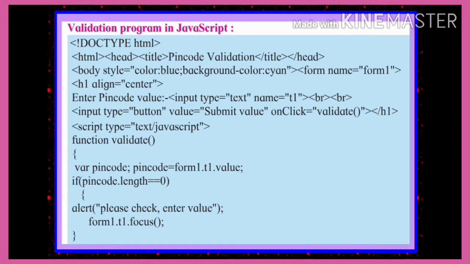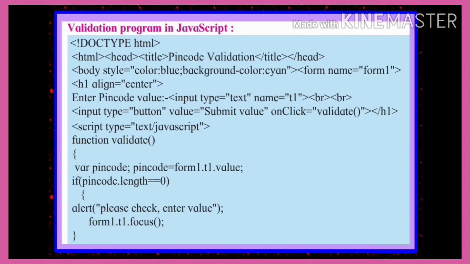Next line, write label, enter pin code value. Use input tag. Input type equal to text, name equal to t1. Here the name of the text box is t1. Use 2 br tags. In next line, define one button by using input tag. Input type equal to button. Value means the caption of that button is submit value. Event is onclick. Call one function, the validate function, close h1. Now here the script tag is used in a body tag. So open script tag, script type equal to text/javascript.